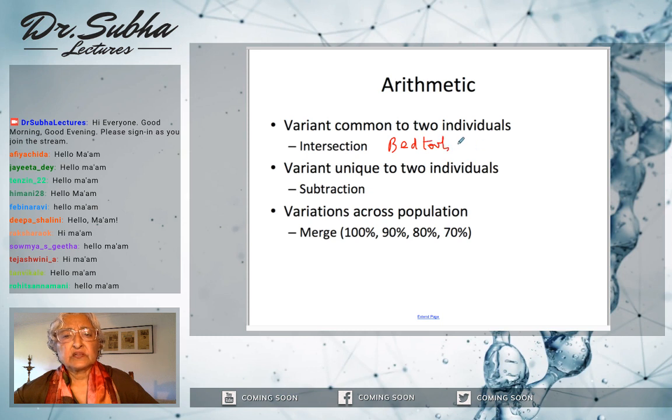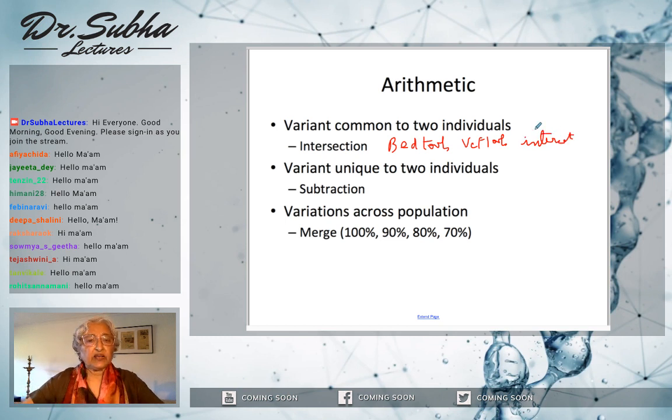Bedtools, VCFtools, and a number of them have an intersect function. What it does is take multiple VCF files and intersect them and give you those that are only common. But then you sometimes want to know variants that are unique to one individual. Then what you do is subtract one from the other, depending on who you're interested in.